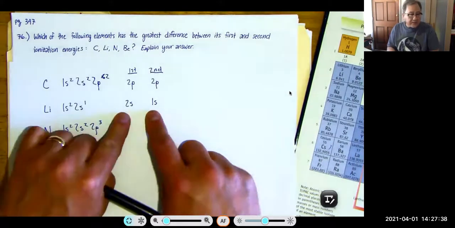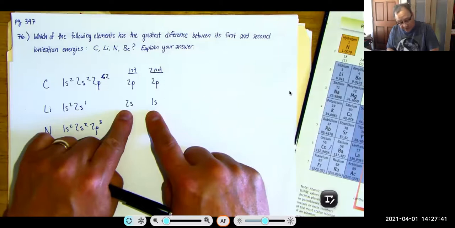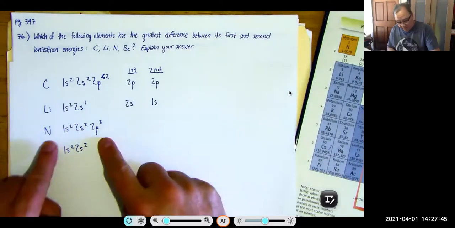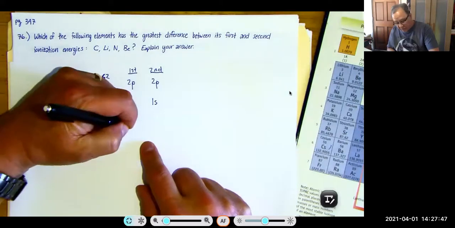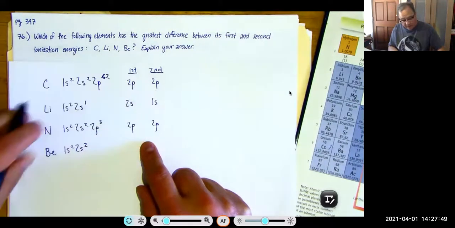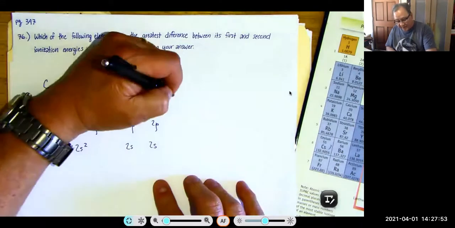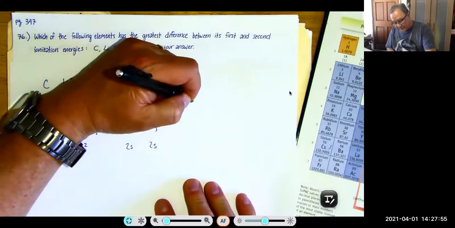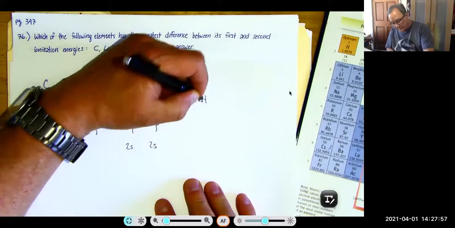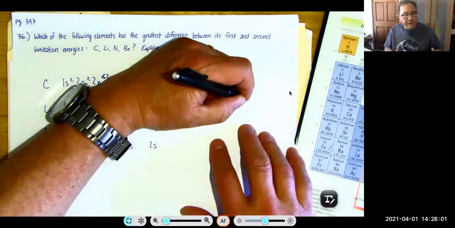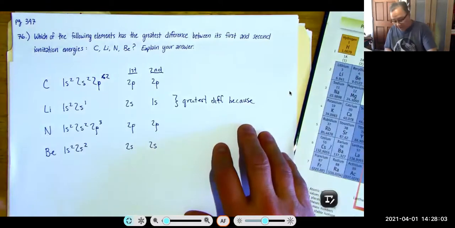Those seem like they should be very different because you're looking at the first shell versus the second shell. How about nitrogen? You're looking at a 2p versus a 2p. And for beryllium, you're looking at a 2s versus a 2s. So I've got to say lithium is going to be the greatest difference because we're removing electrons from different shells.